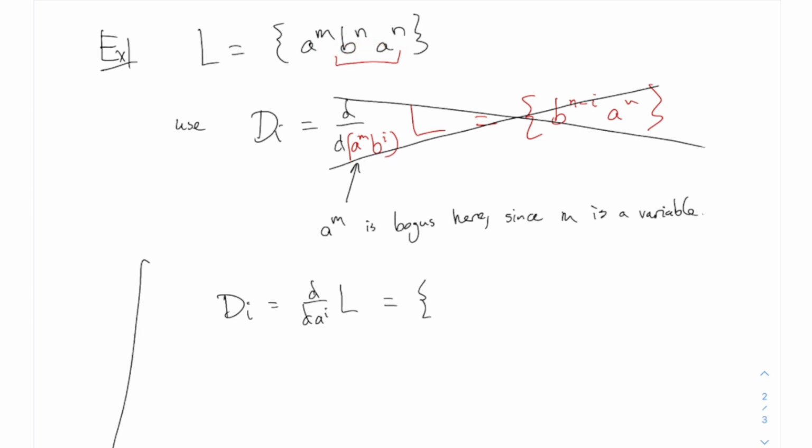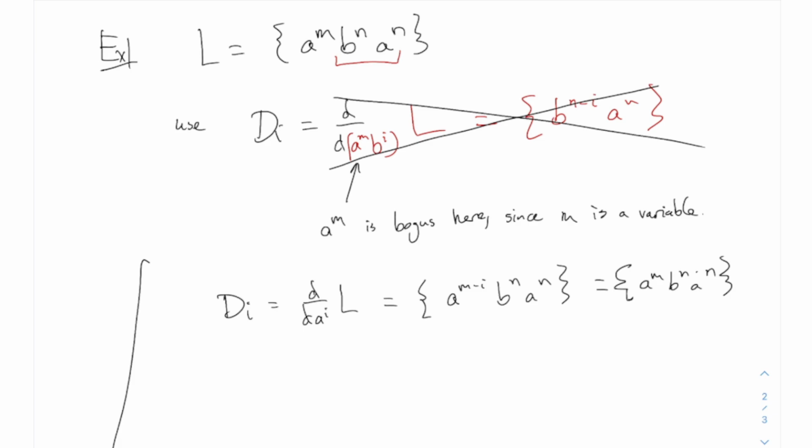I think what you get is basically this. Are those all different? This is the issue. They're not, actually. These are all the same, because m can be anything, so this is just a to some anything. And for different values of i, they're all the same set. This is one of those counterintuitive cases where it looks like they're all different as sets, but in fact they're all the same, because m can be anything.